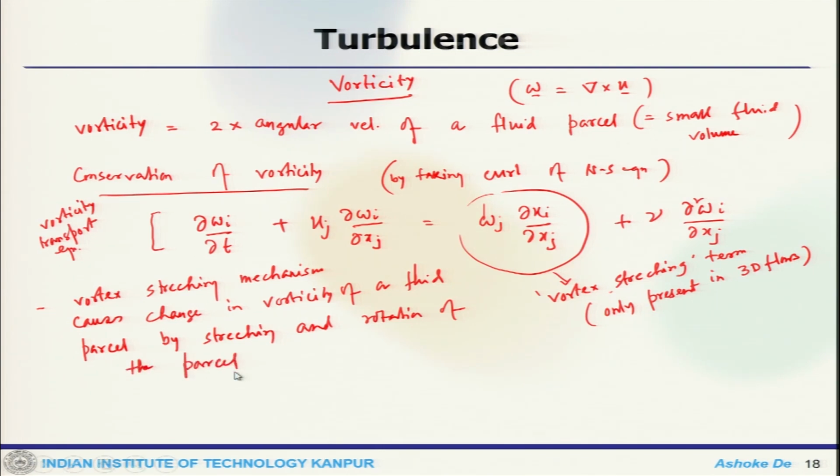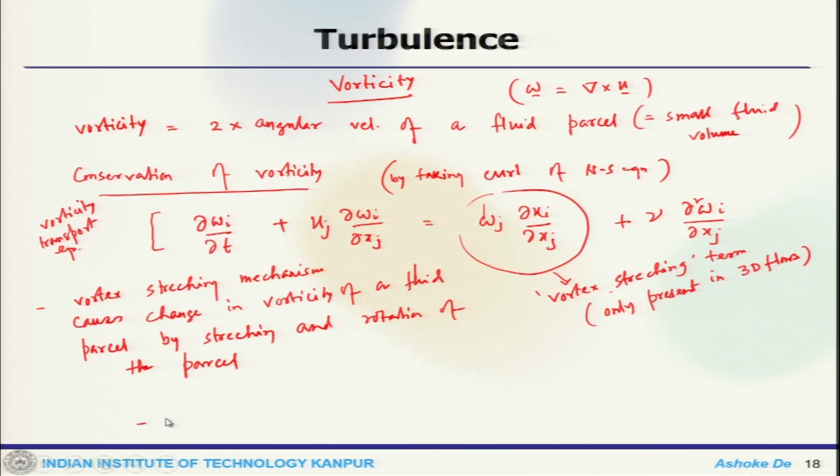So, this is a very important concept here. The vortex stretching mechanism actually causes the change in vorticity of a fluid parcel by stretching and the rotation of the parcel. So, it stretches and also rotates the parcel.